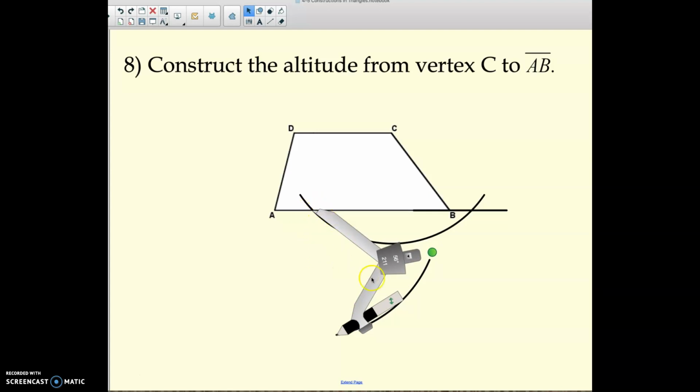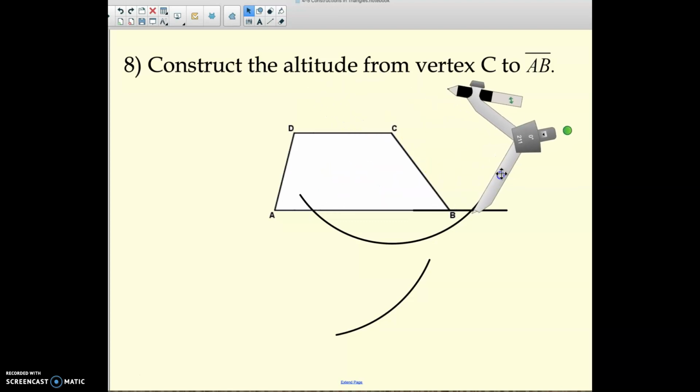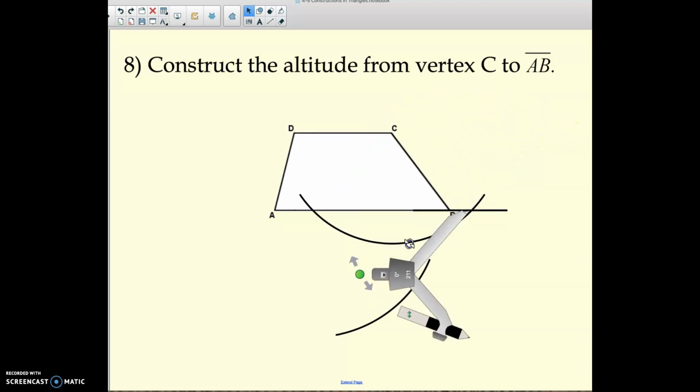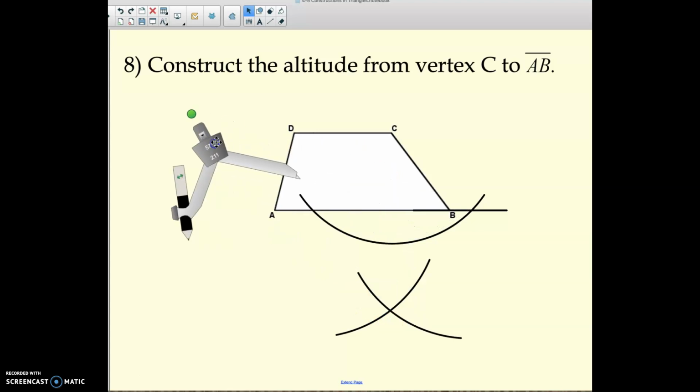You're going to take this point and flip it over to point B. And then we are going to rotate this down. There we go. And now we're going to draw an arc there. Okay. And then when I drop a line from C to where the 2 arcs intersect, that will be the altitude of that trapezoid. Okay, and those two things now are perpendicular.